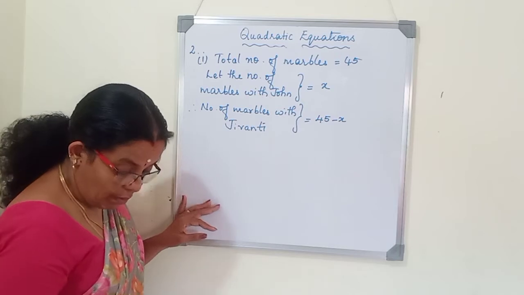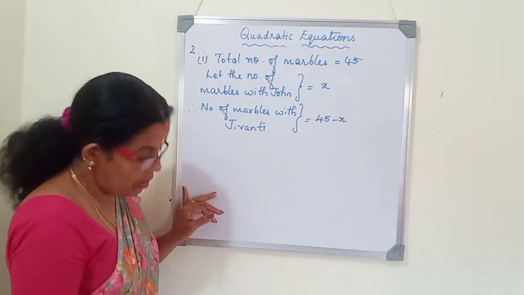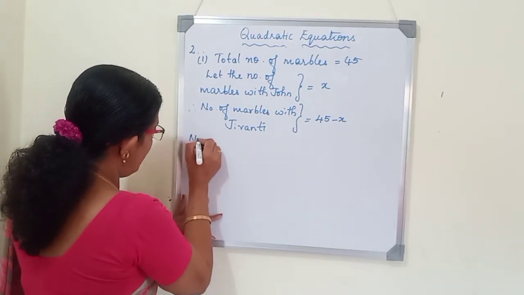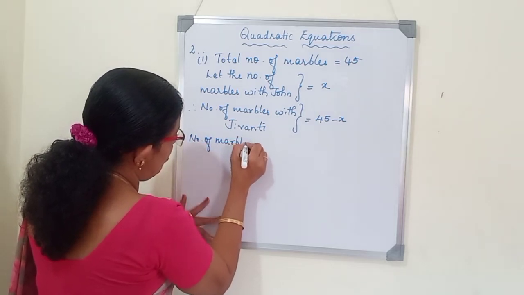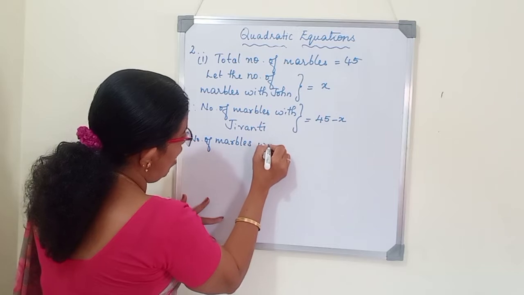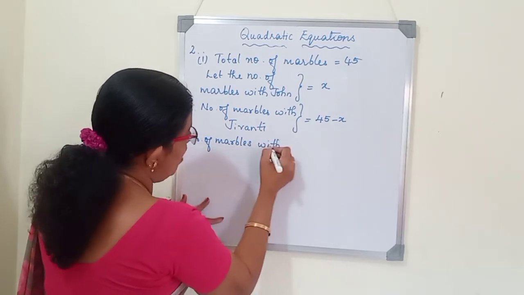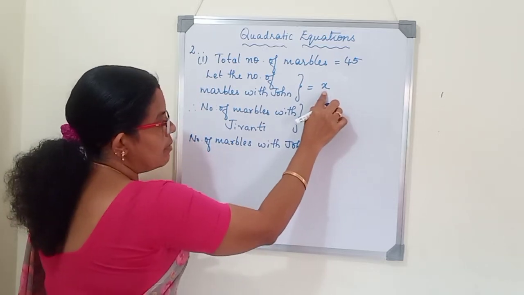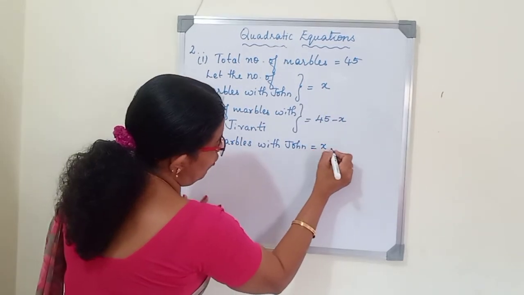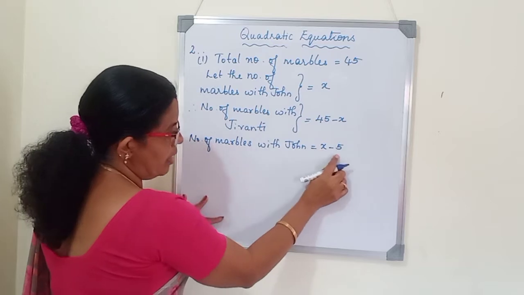And both of them lost 5 marbles each. That means after losing 5 marbles, number of marbles with John equals, he is having x marbles in the beginning. Now he lost 5. So x minus 5 marbles he is having.